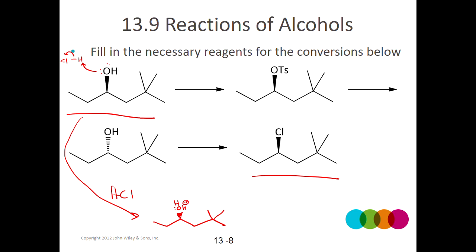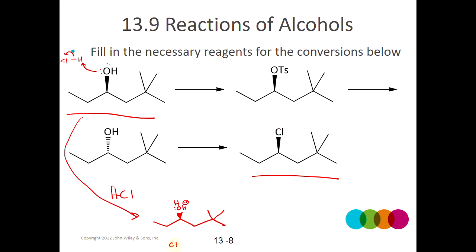So since it's a secondary carbon, it could leave. If it leaves a secondary carbocation, half the time the Cl- would come in from the front, and half the time it would come in from the back. So I would only get half of my molecules at most converted into the desired product.